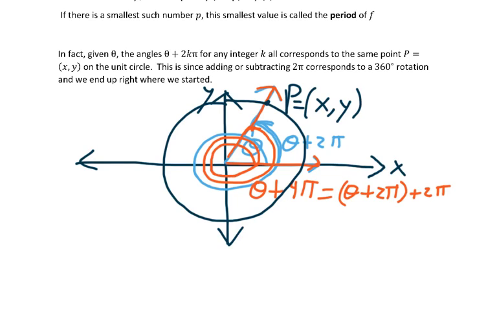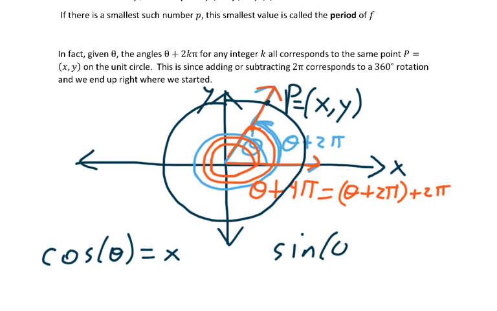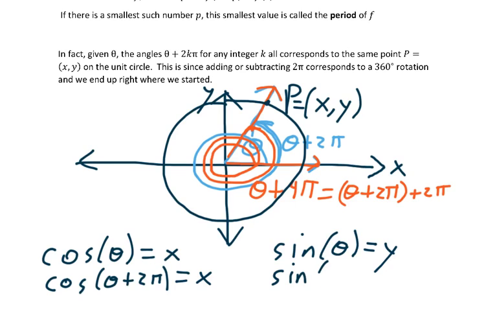And because of that, what we have then is this. We have cosine of theta is x. Sine of theta is y. But if you do cosine of theta plus 2 pi, you're going to get the same exact x, because that angle gives us the same point P. And sine of theta plus 2 pi is going to be the same y.